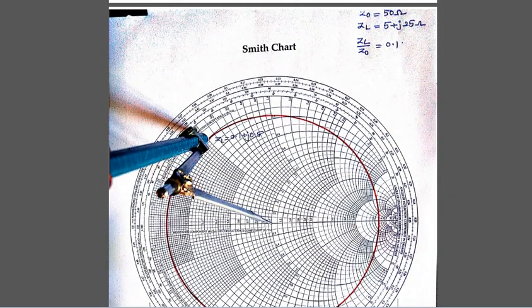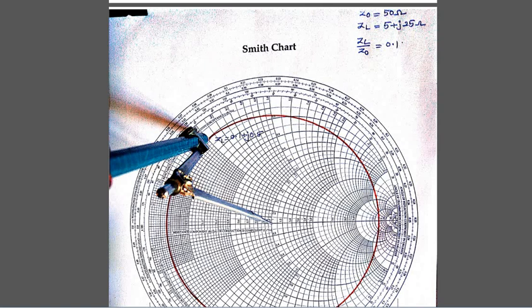Then we will go with this origin. Already we went through that. From the center, this is the center of the chart, 1, with 0.2, 0.4 like this. Here 1 is the middle value.